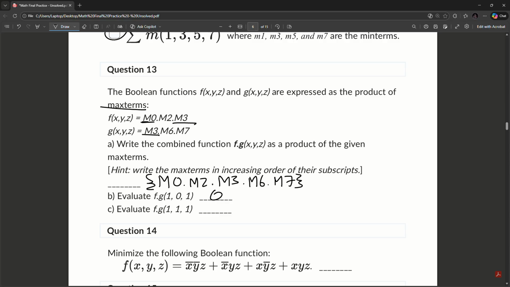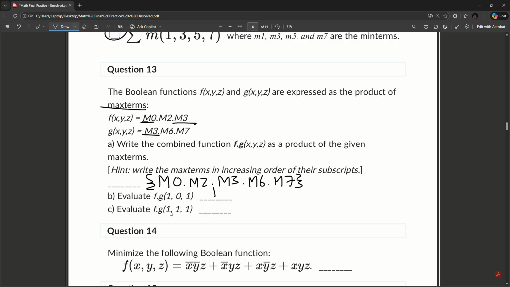So if I go back and look at the question again, yeah, I made a mistake here. So with maxterm, if it's saying, is 5 there? Yes or no? It's like, yes, it is not there.